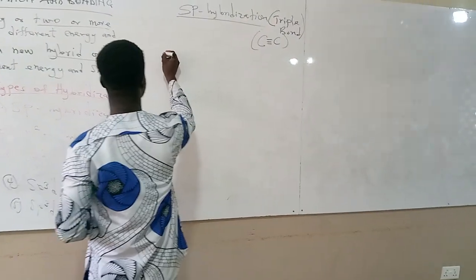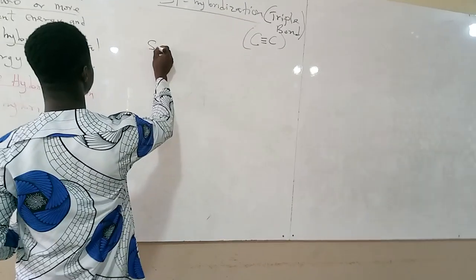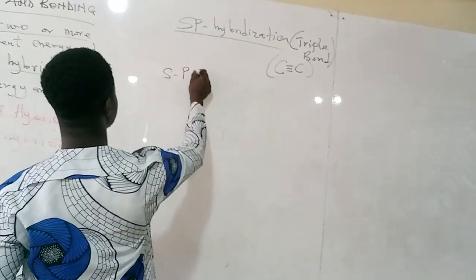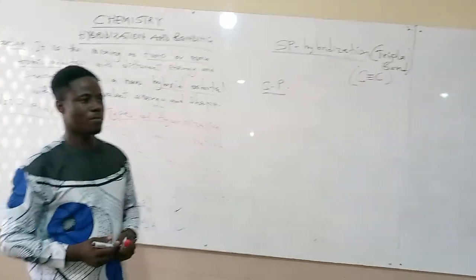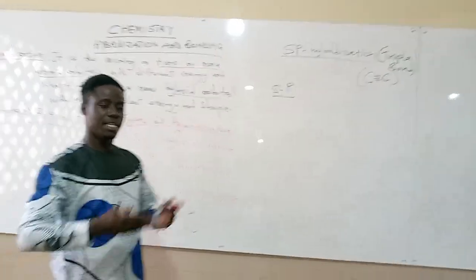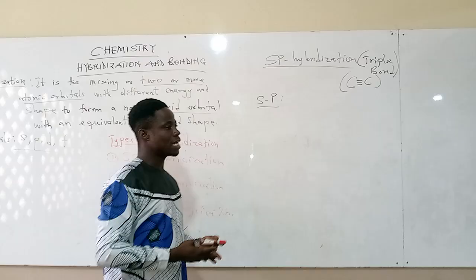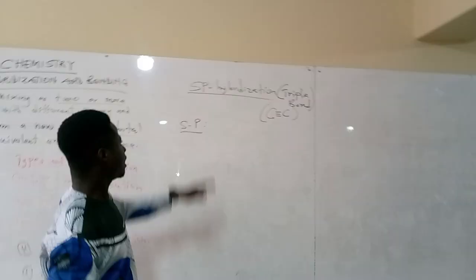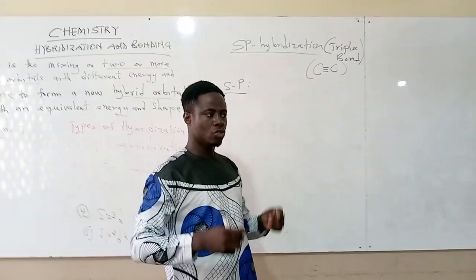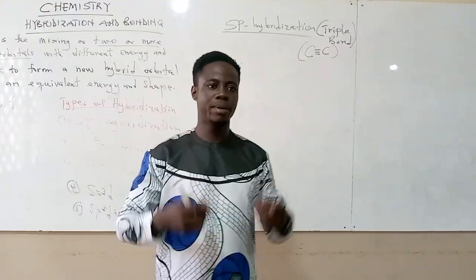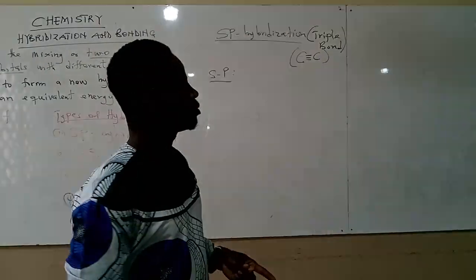How do I explain sp hybridization? Just the name tells us exactly what you are going to form. sp hybridization is a type of hybridization that occurs when an s orbital is mixed with a p orbital to form two hybrid orbitals.